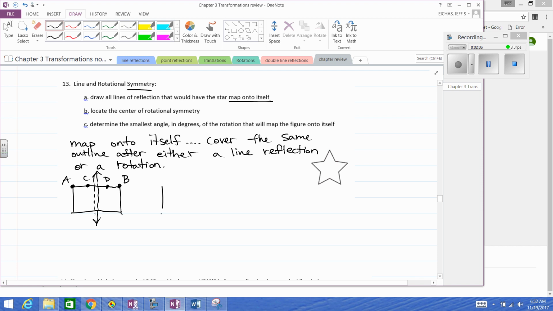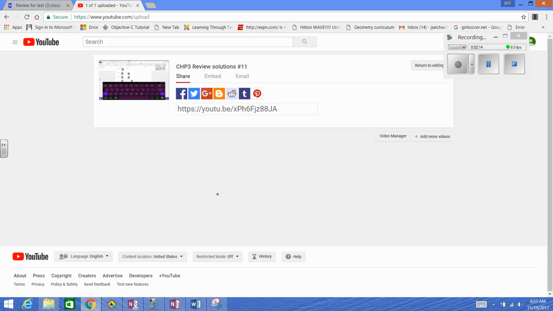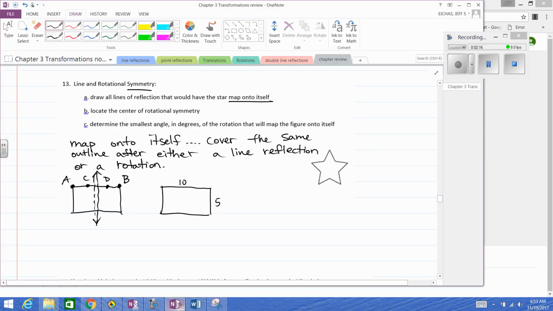Now we got to be careful with a rectangle. This is important, something I said in the class. Basically, a rectangle can have a side that's 10 and another side that's 5. Sorry. So what would happen if we try to reflect over this line? It looks like there's a line of symmetry there. Really convincing. However, here's how you can tell it's not going to work.